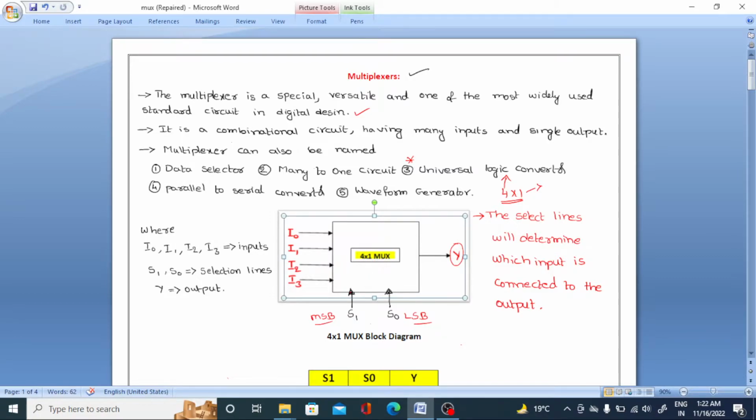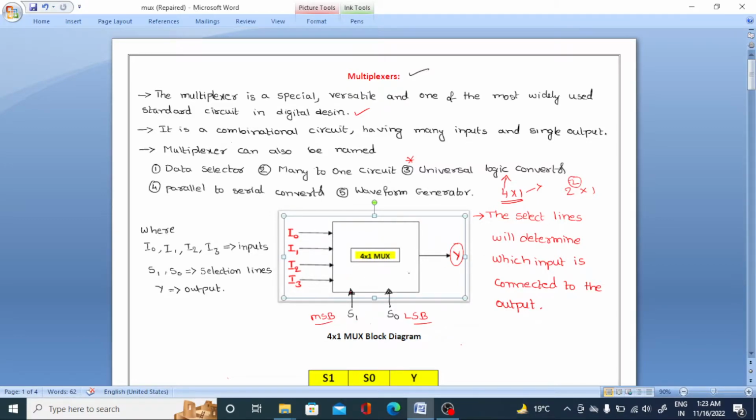Now the selection lines are 2 in a 4 by 1 multiplexer. For example, this 4 we represent as 2 squared, which is 4. So this power of 2 is nothing but the number of selection lines. That is the reason two selection lines are required.